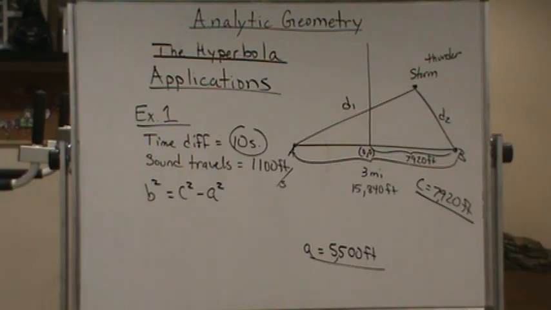You're going to use 7920 squared and then minus 5500 squared, subtract those two and then take the square root, and you get approximately 5699.